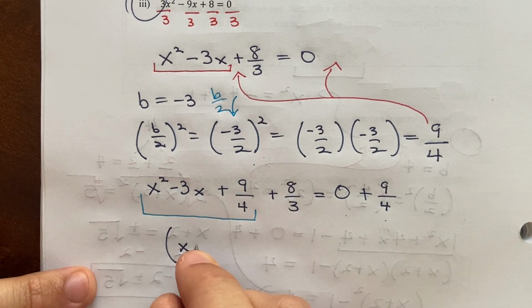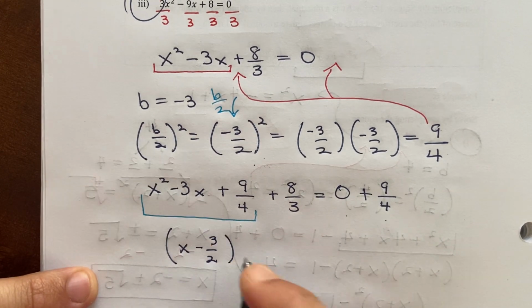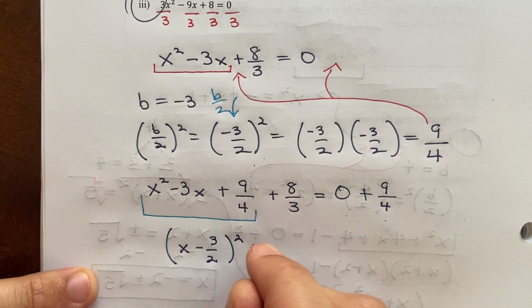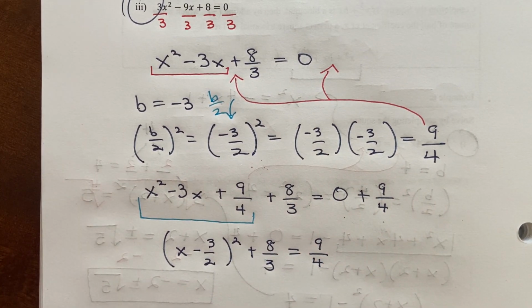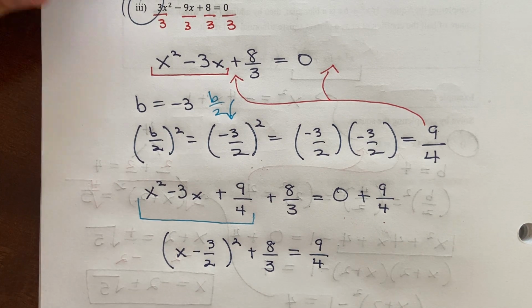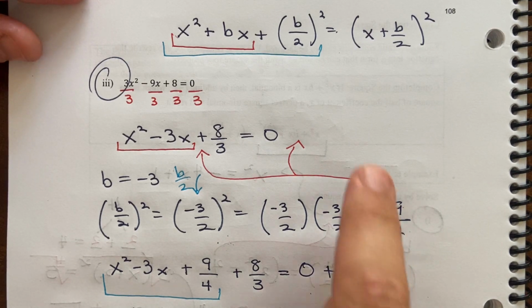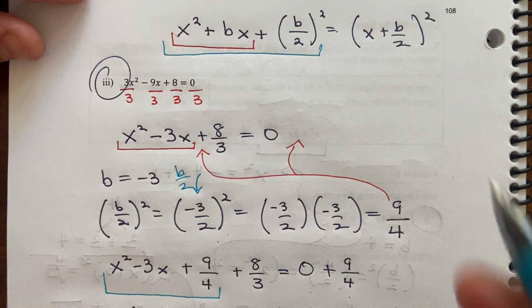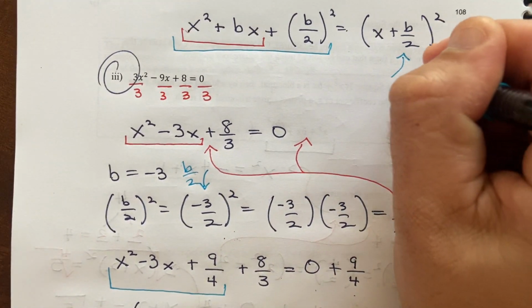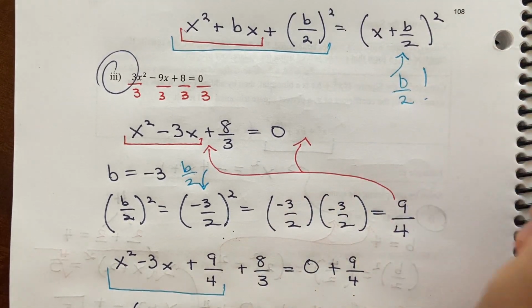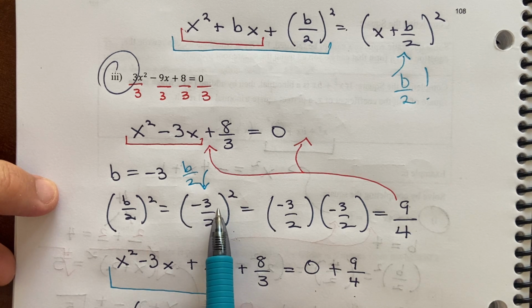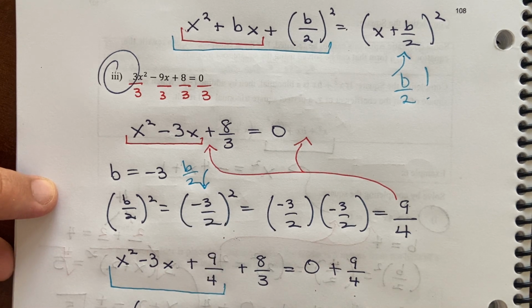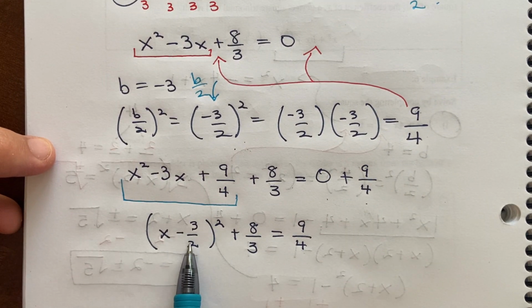So it'll be x minus 3/2 squared plus 8/3 equals 9/4. All right, so I used this information right here. It'll always factor as half of b. So half of b for our problem is right here, negative 3/2, and that's why negative 3/2 appears here.